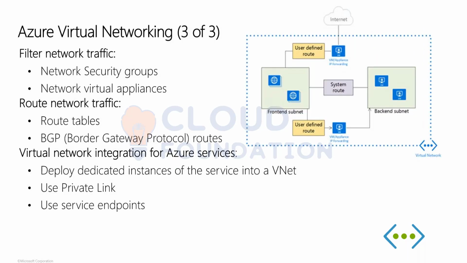Okay, so if you look at your virtual networking, I already mentioned the options available. Once it comes to your virtual networking, for filtering your network traffic, which of the source IP addresses can communicate with which of the destination IP addresses, all those things will be part of your network security group.